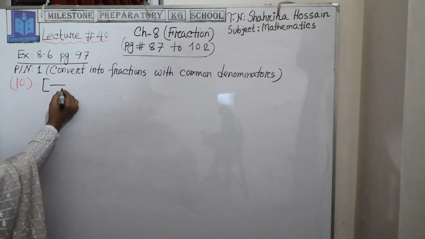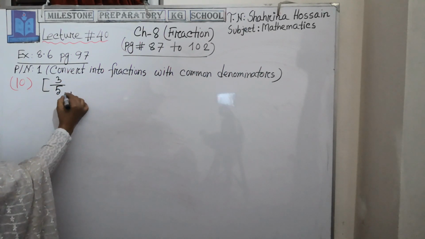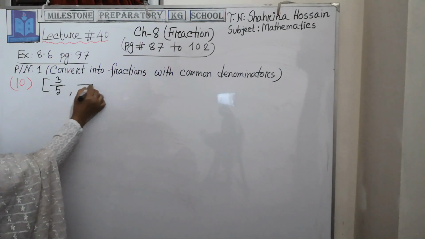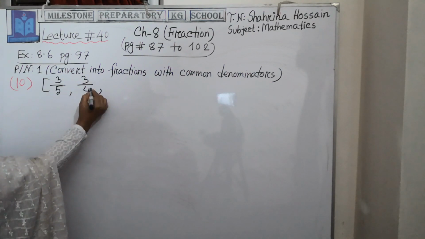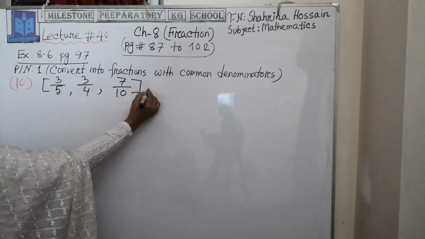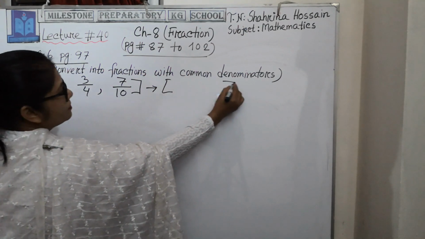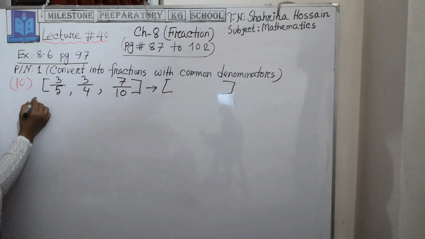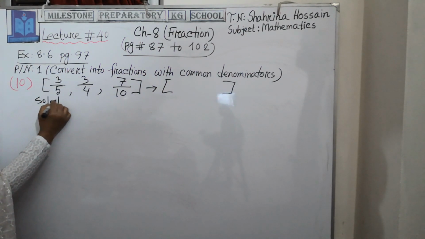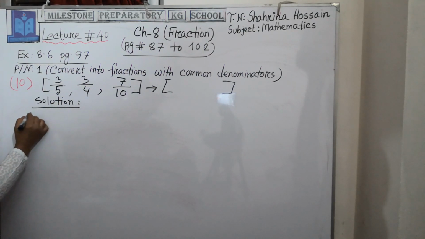First one is 3 by 5, then 3 by 4, then 7 by 10. Now let's see how we can find the common denominators of these 3 fractions.